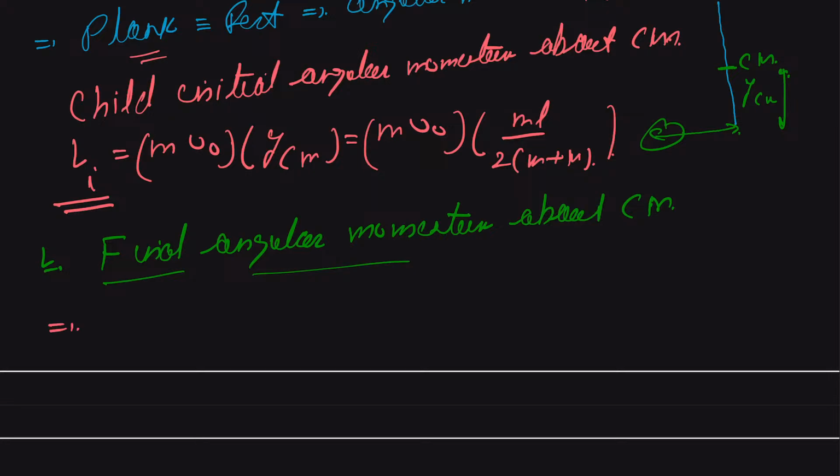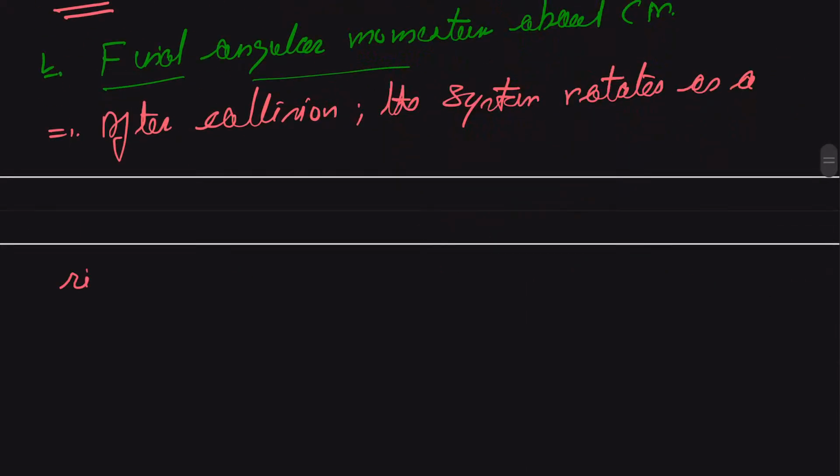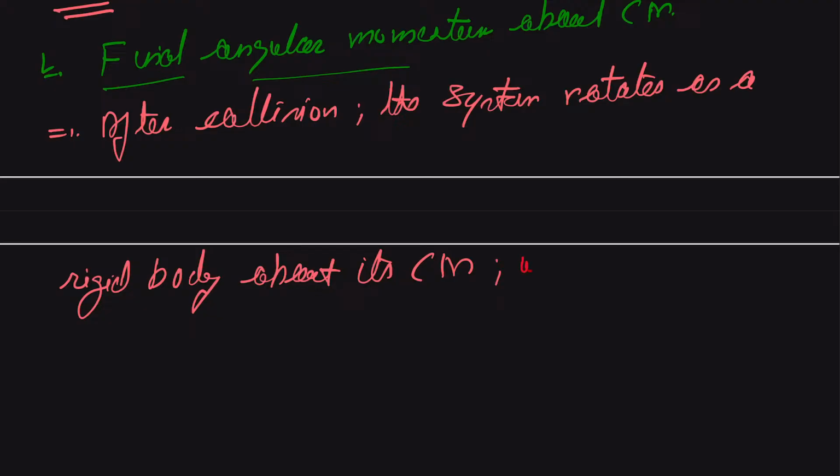We know that after collision, the system rotates as a rigid body about its center of mass with angular velocity omega.